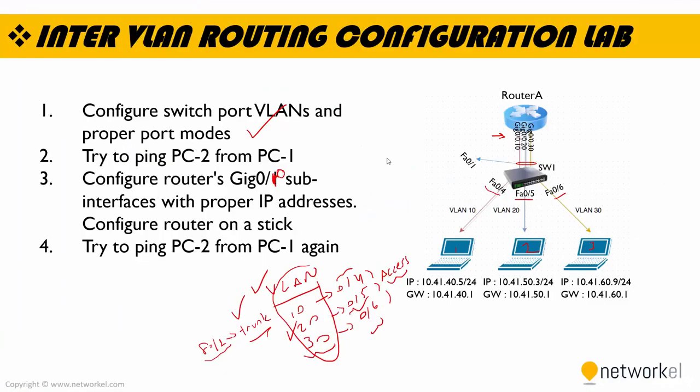Here is the bad news. Huh? Well, I don't think so, because we know how to communicate between different VLANs. We just need a layer 3 device. In this scenario, this is router A. And I need to create sub-interfaces and use the gateway addresses of these devices for each sub-interface.